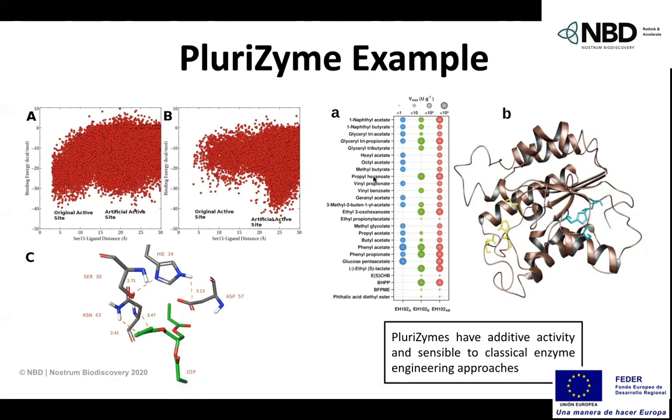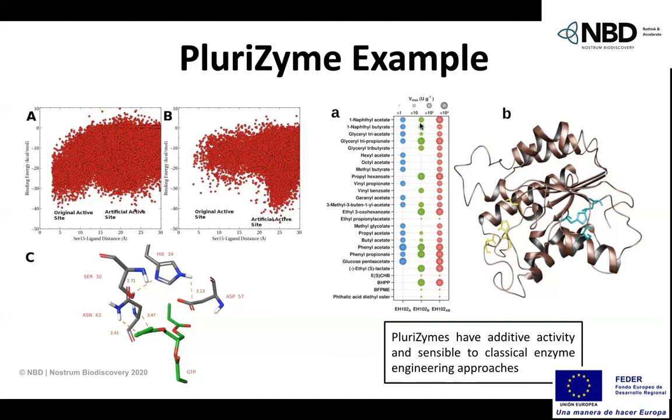When we move this to in vitro validation, we obtain not only activity but also really interesting results. In blue, we have the wild type enzyme. In green, the enzyme when only the artificial active site is working, and in red, the enzyme with both active sites working together.